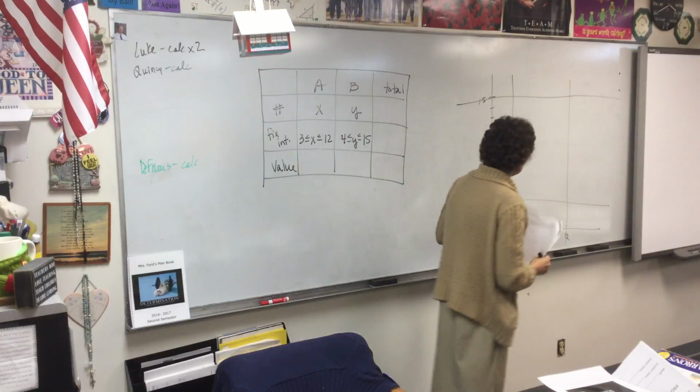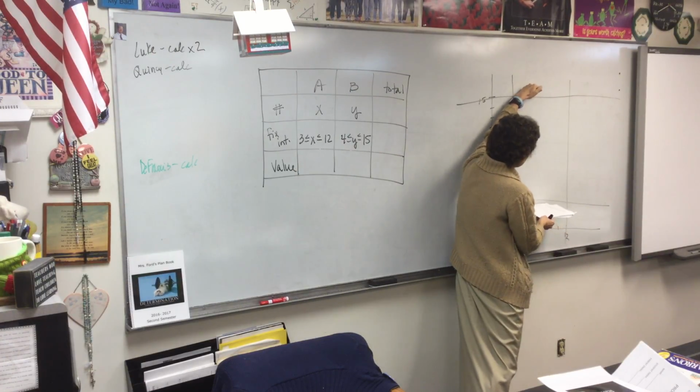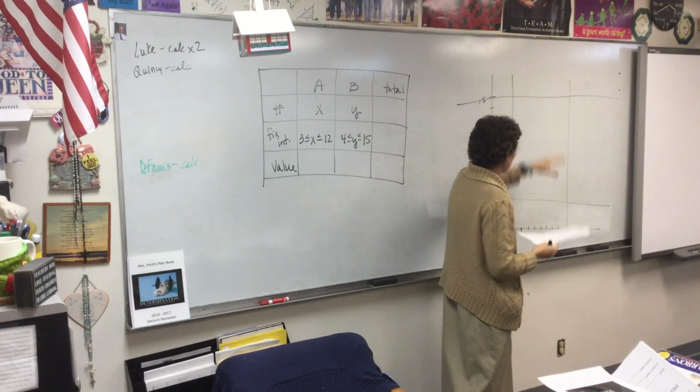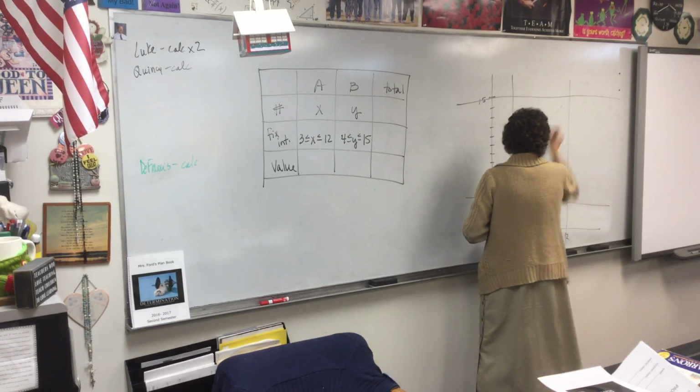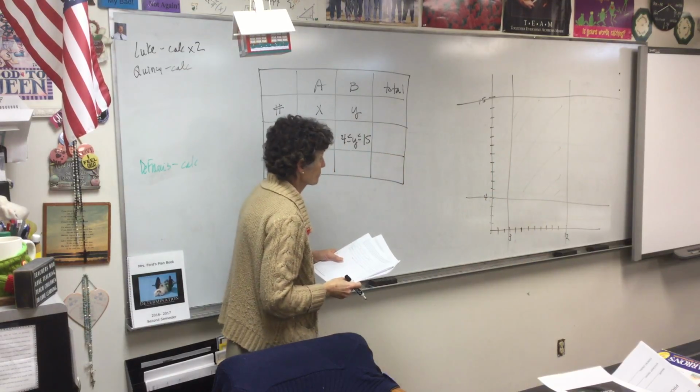So I have to be between these 2 lines and between these 2 lines. So do you see this box right here? This is kind of what we're looking at so far.